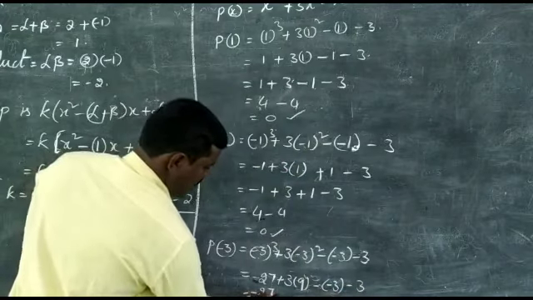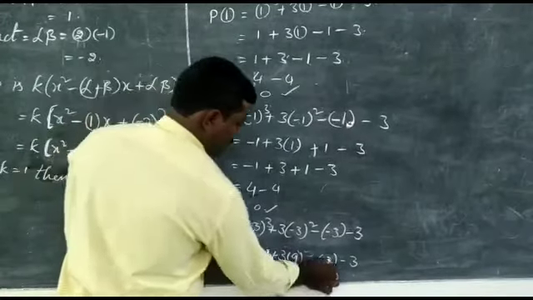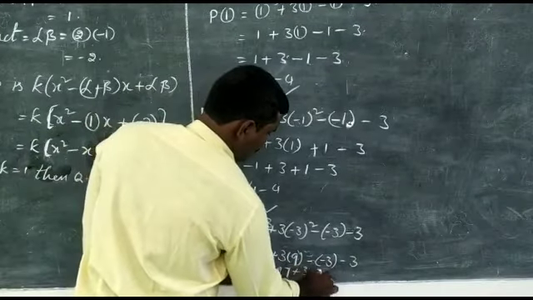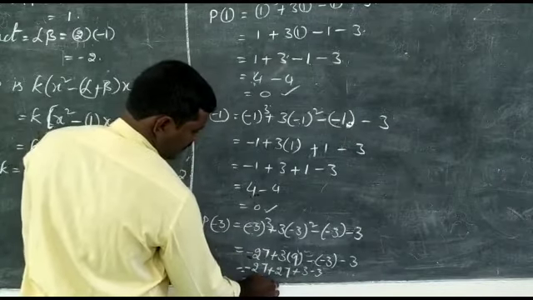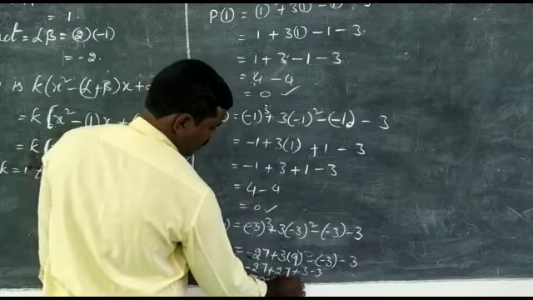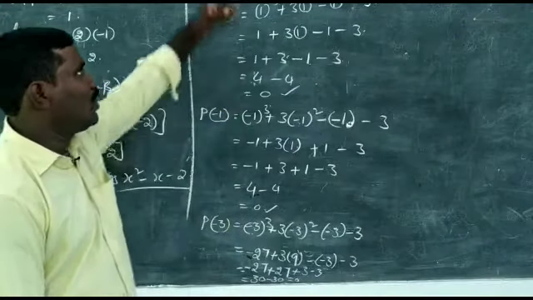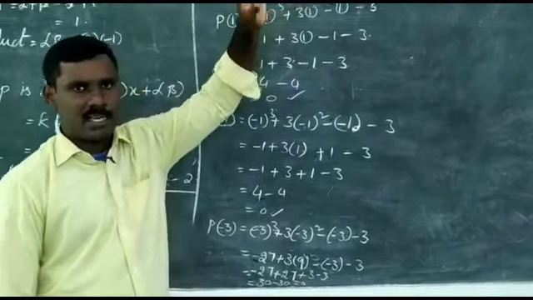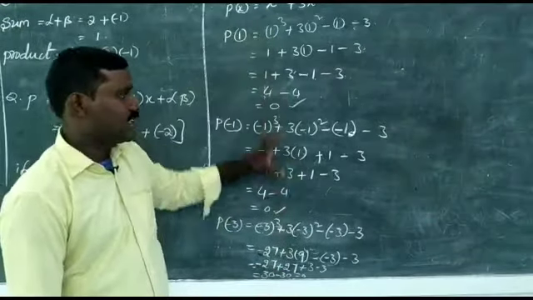Minus 27 plus 27, plus 3 minus 3, we get 0. In these 3 cases we are getting the remainder as 0, therefore 1, minus 1, minus 3 are the zeros of the given polynomial. Now the checking is completed.